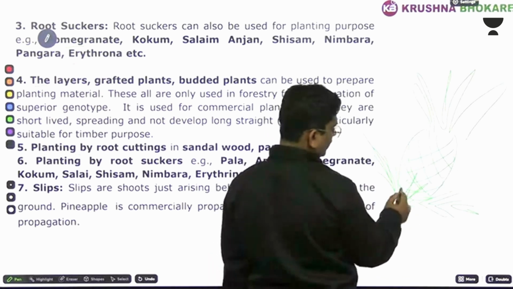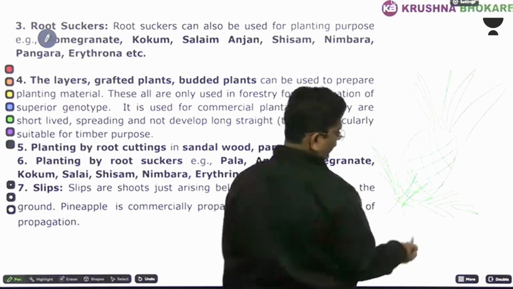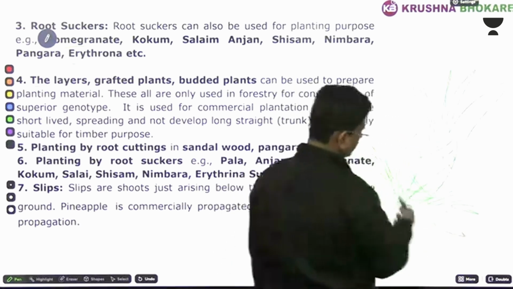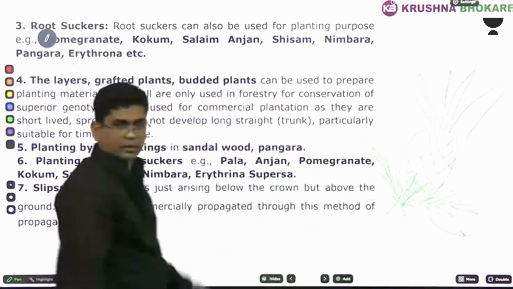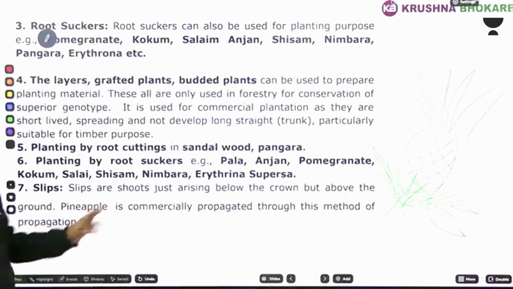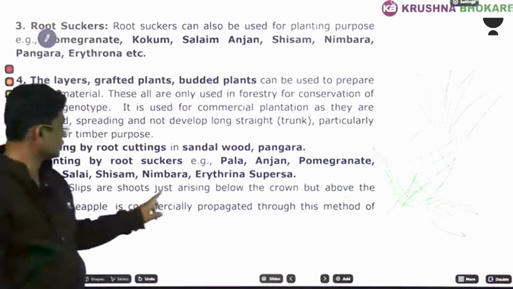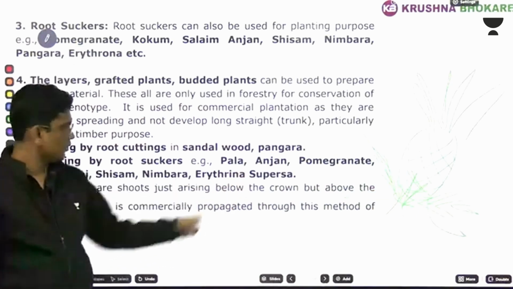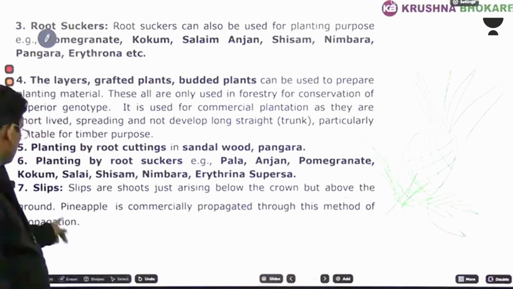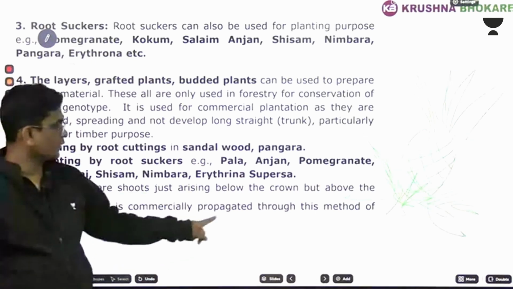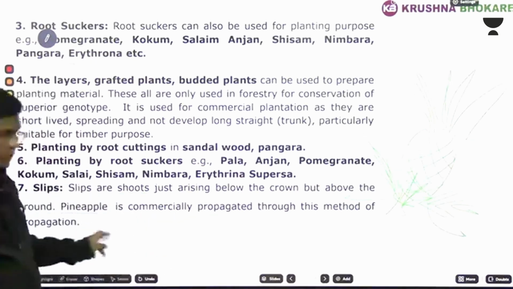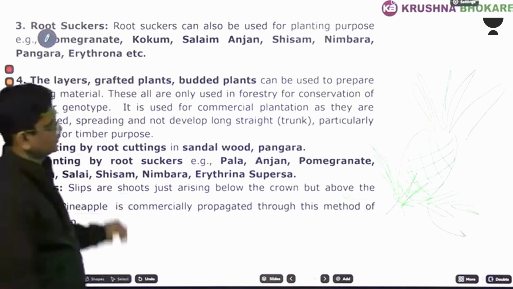This new growth at the base you can easily separate and develop a new pineapple. This is called slips. They are like your suckers but called slips. Slips are shoots arising below the crown but above the ground. Pineapple is commercially propagated through slip propagation.